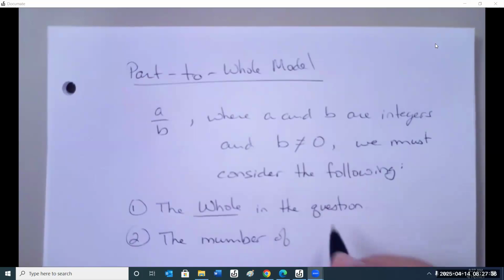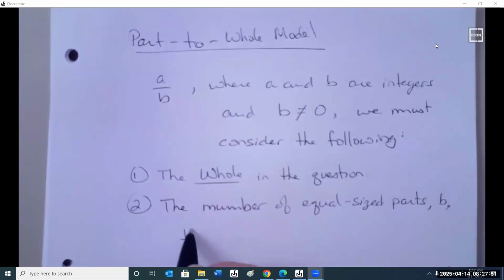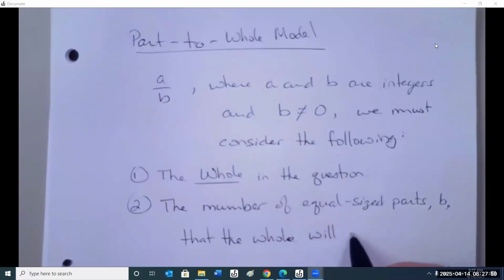Two, the number of equal sized parts, B, that the whole will be divided into.